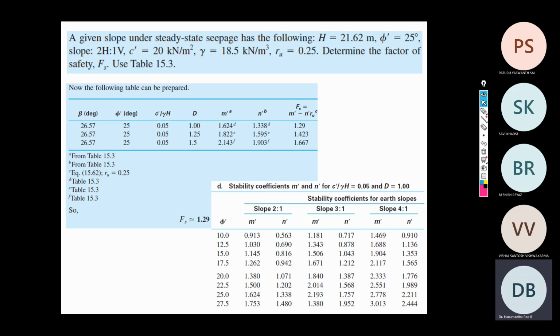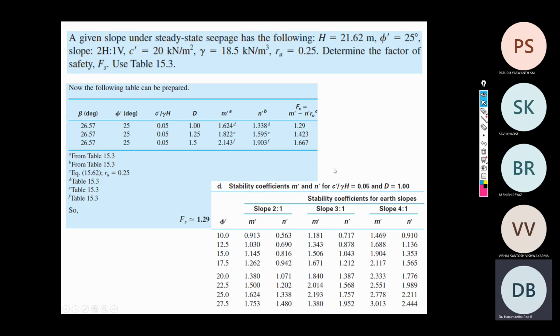Now, Bishop and Morgenstern have given a lot of tables giving the values to be picked up. Those are m dash and n dash, which are a function of other parameters like phi dash, that is the angle of internal friction, then c dash by gamma h, and the d value.